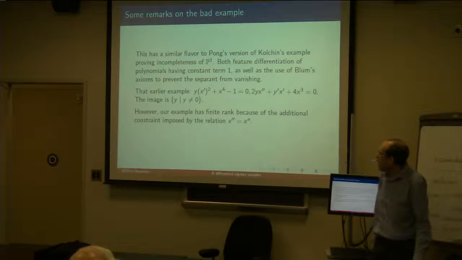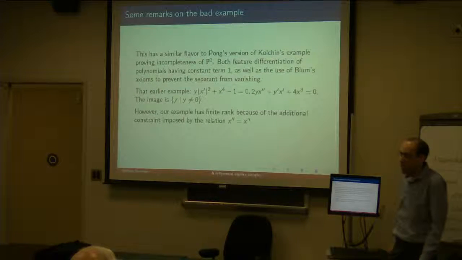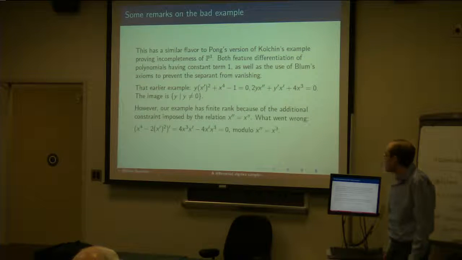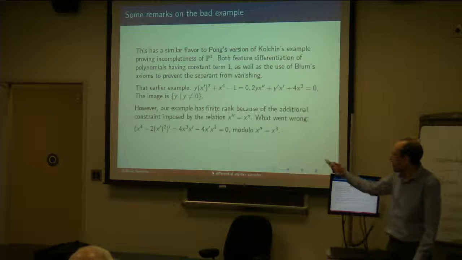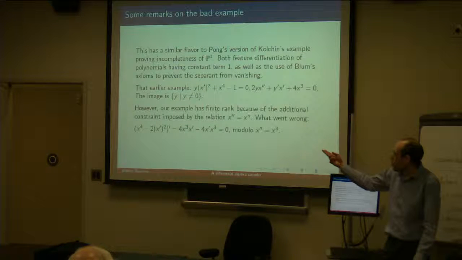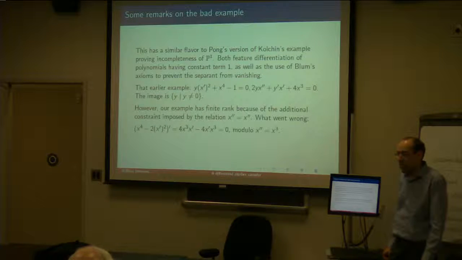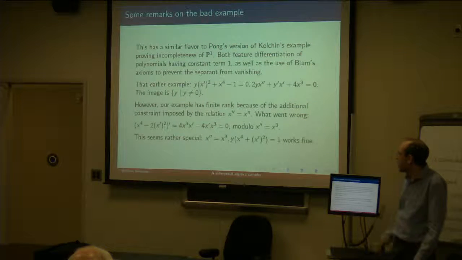If you modify the example of Pong, you can tweak the coefficients, for instance, and the degrees, and it doesn't really change how the proof works. In this case, we're using something very special. For instance, if you let n equal 3, then we're relying on cancellations that happen like this. And if you change the coefficients just a little bit, then the image is still closed.